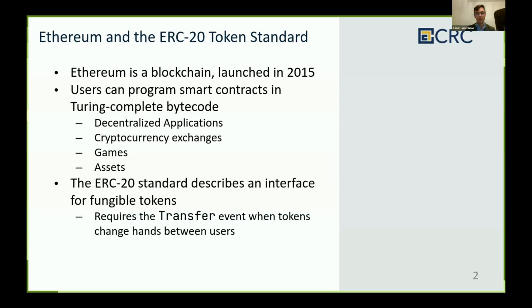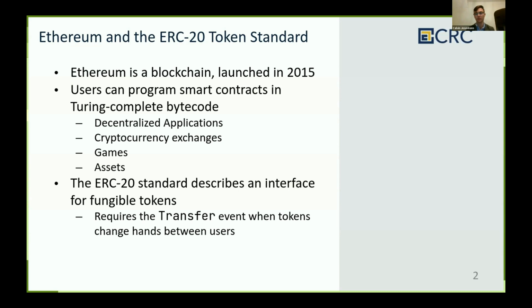What we're interested in here is the use of smart contracts to implement so-called tokens, the representations of value or of membership in an organization. And in order to standardize interactions with these tokens, the Ethereum community adopted the ERC-20 standard, which describes an interface for an implementation of fungible tokens.